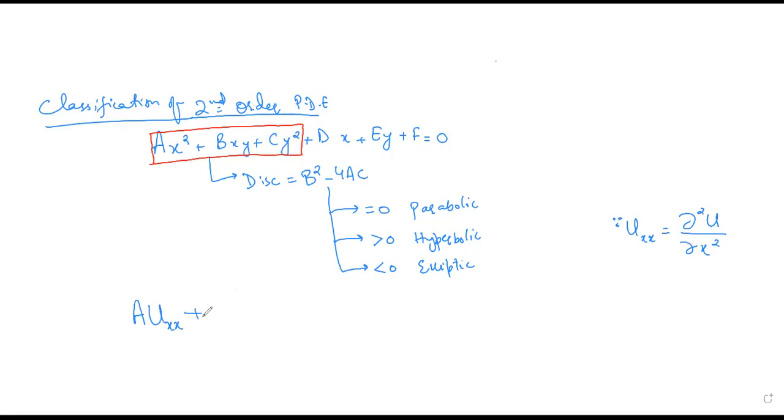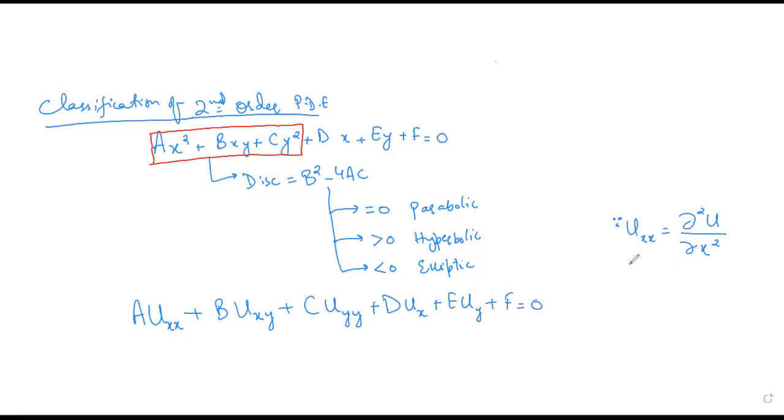Similarly, plus b uxy plus c uyy plus d ux plus e uy plus f equals 0.